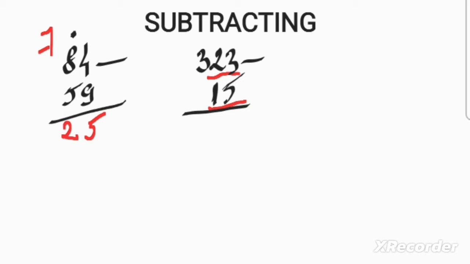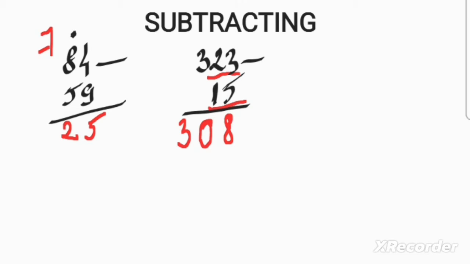We can do it mentally, very easily: 23 minus 15, which is 8. Because we took two digits, the result has to be two digits, so here we will put 0. Furthermore, it's easy: we have 3 minus 0, which is 3.